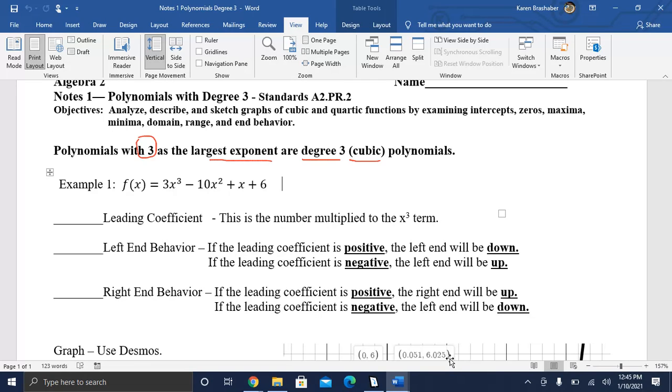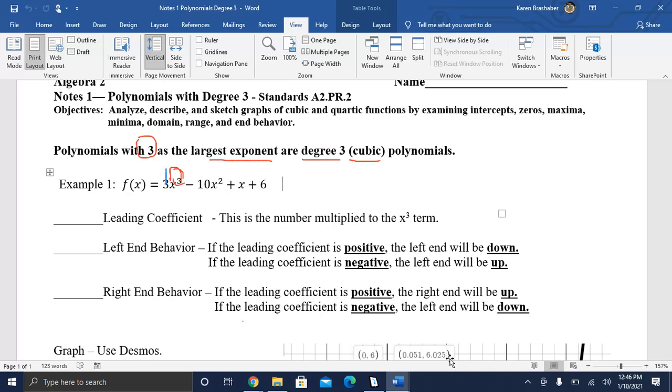So your first example, you have 3x to the third power. So this third power is what determines that we have a degree 3 or cubic polynomial. And so this type of polynomial will have certain features, and some of those features are determined by the number that is multiplied with that term.